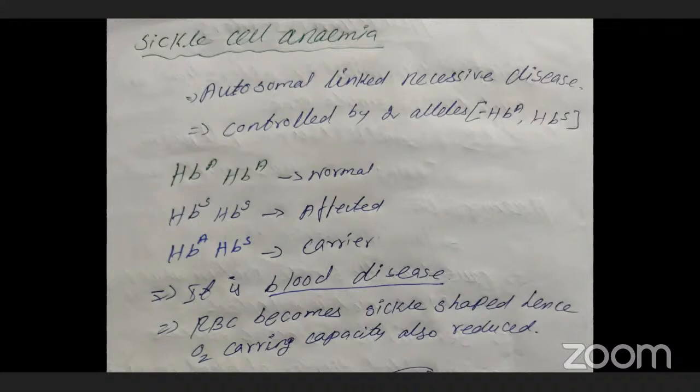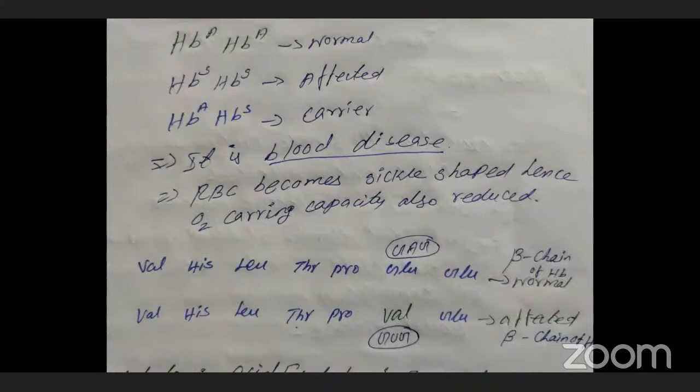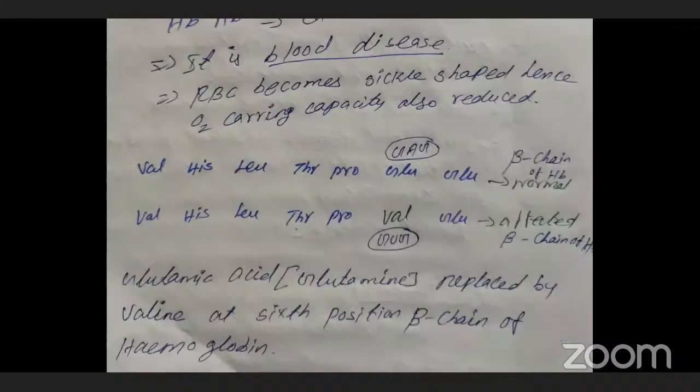In sickle cell anemia the RBC becomes sickle shaped. Hence, oxygen carrying capacity is also reduced. Here you can see the beta chains.